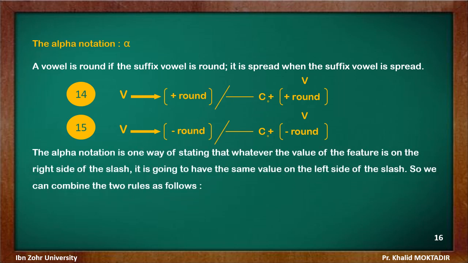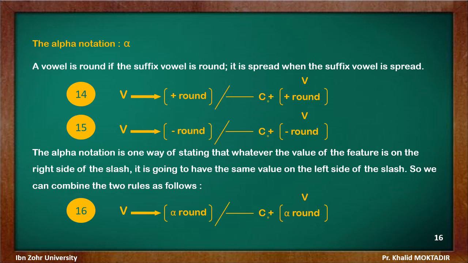Rule 15 is saying that the vowel becomes minus round if the suffix vowel is minus round. Now here we have two rules, and yet it's the same process. We need to combine these two rules into one to reveal that this process is actually just the same.